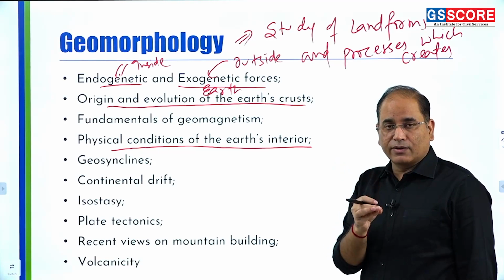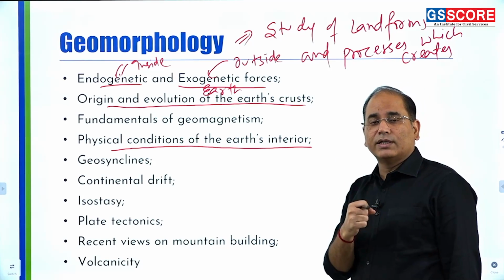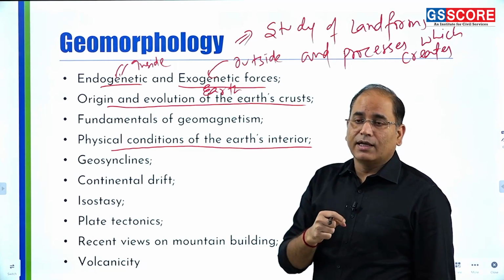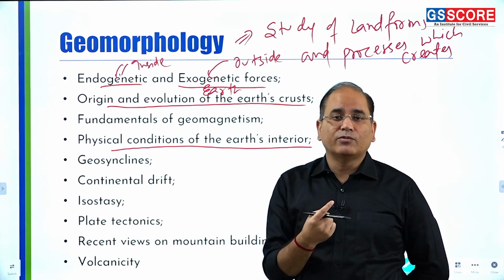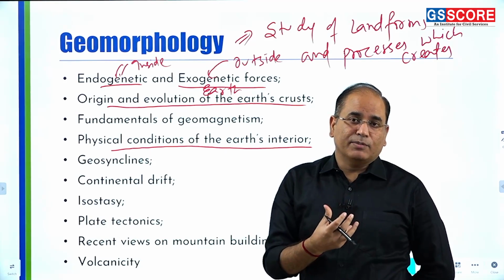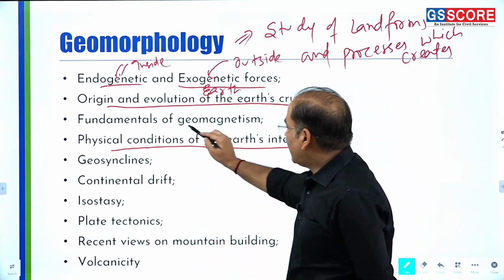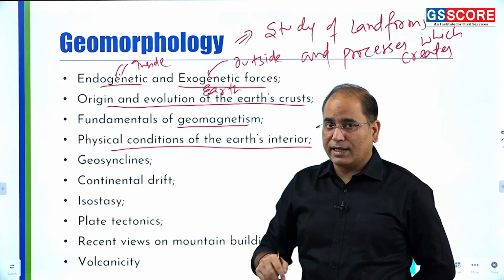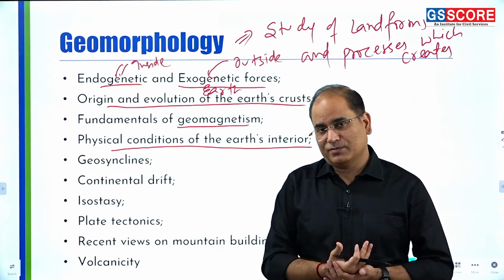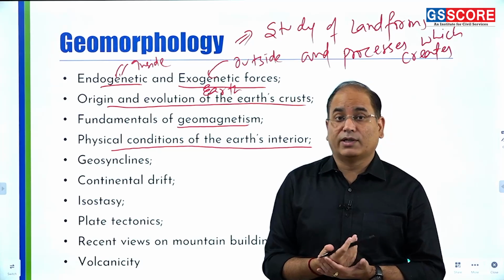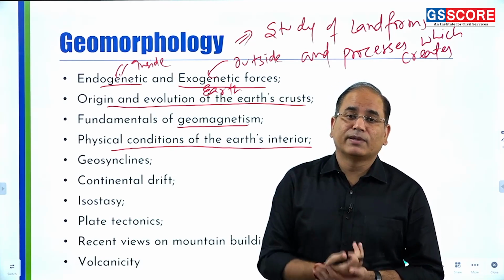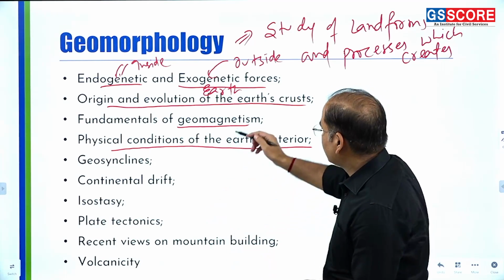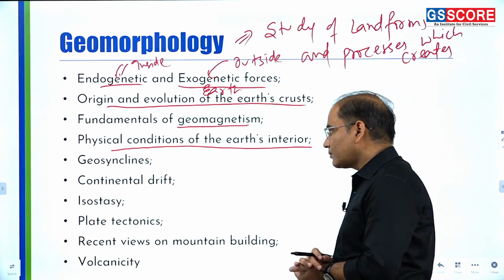Material in the inner core is in a solid condition and the outer core is in a liquid condition, and because of this liquid outer core, earth behaves like a bar magnet. So, earth will have its own magnetism. This magnetism is very important, and it is simply referred to as geomagnetism. So, you are supposed to study geomagnetism.